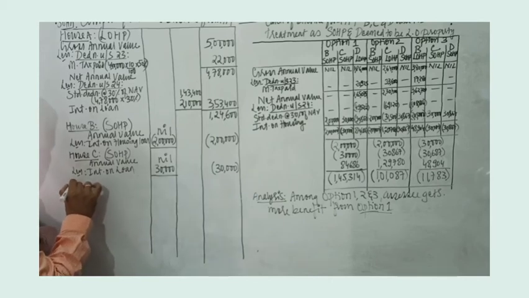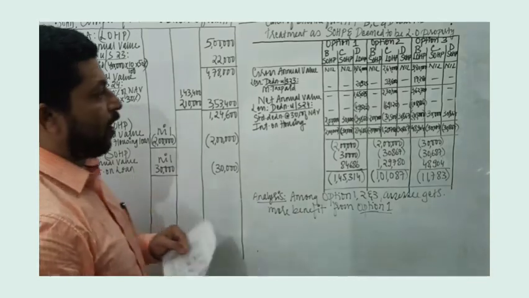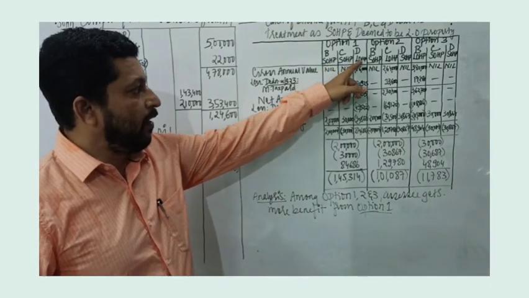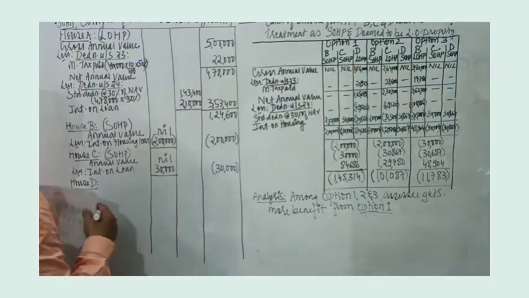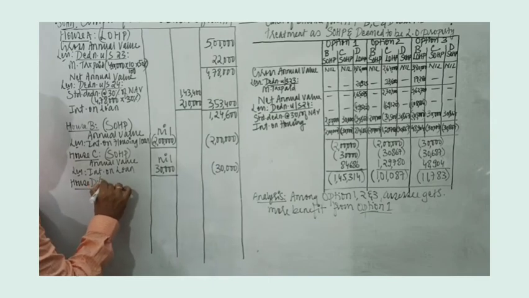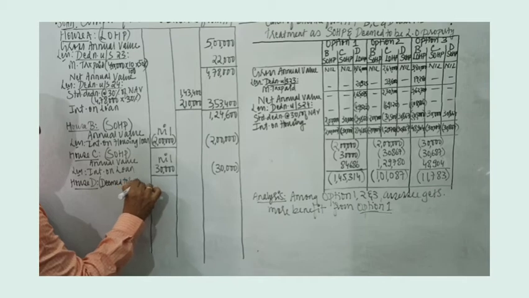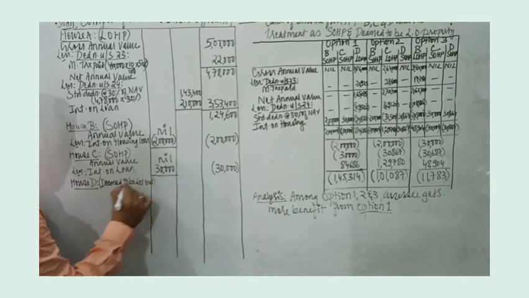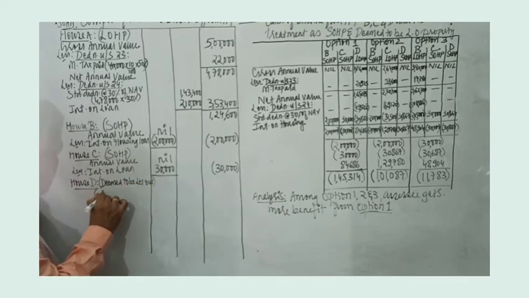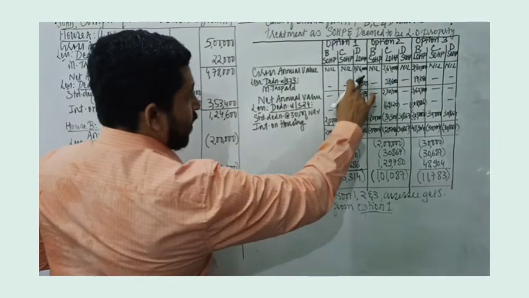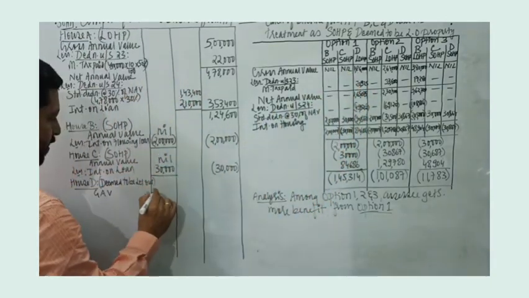Now very important for house D. Maximum 2 houses can be claimed as self-occupied, and house D will be treated as let out, that is deemed to be let out property, though it is not really let out. So we will have to go through the procedure. GAV, we have already calculated all these numbers, 1,86,000.